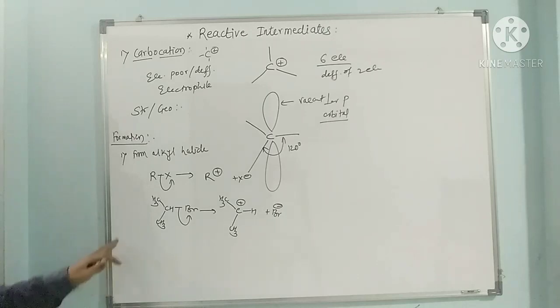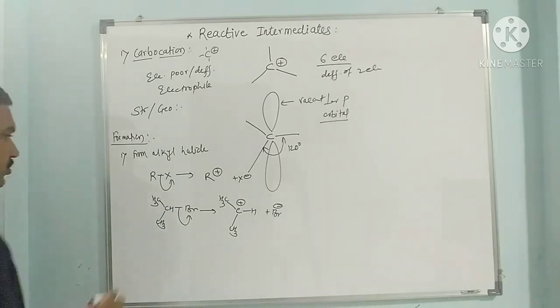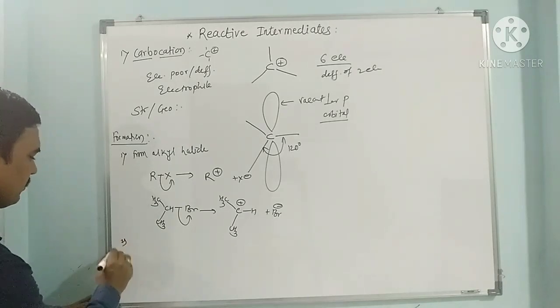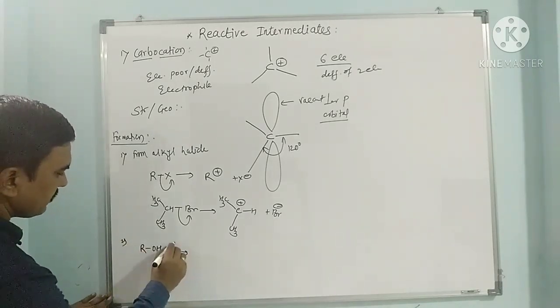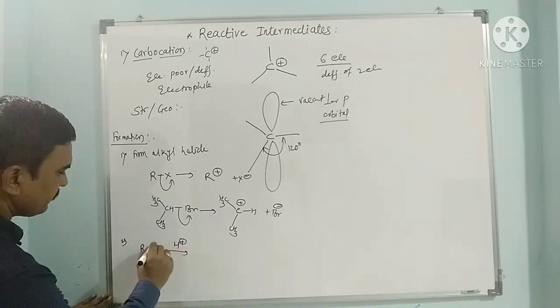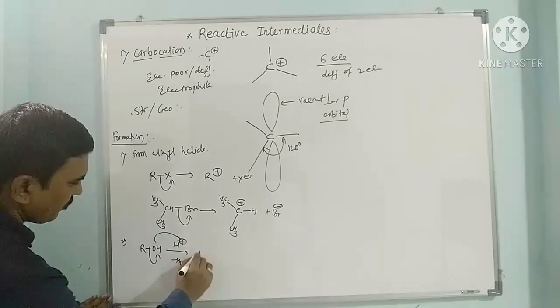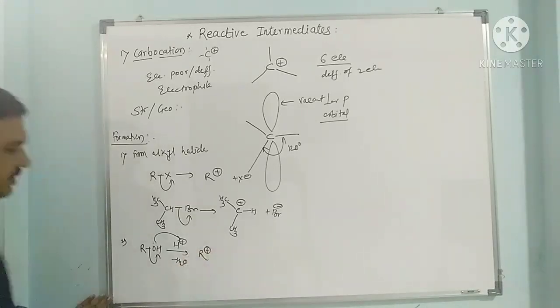The second is that it can be formed from the dehydration of alcohol, meaning loss of OH. So the second way is when we have R OH, this OH gets protonated followed by dehydration, a water molecule is lost and we get R plus.